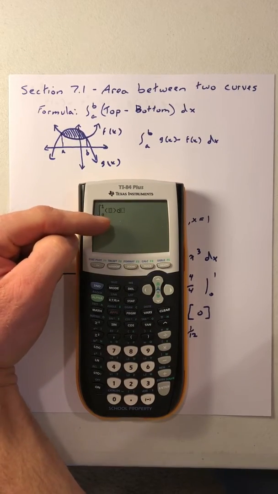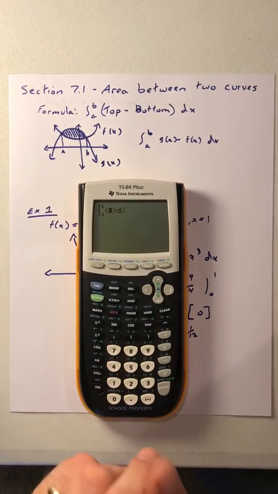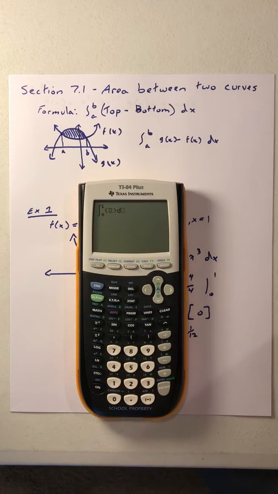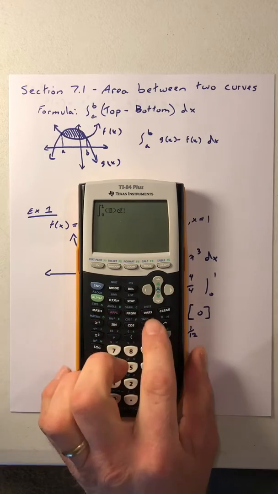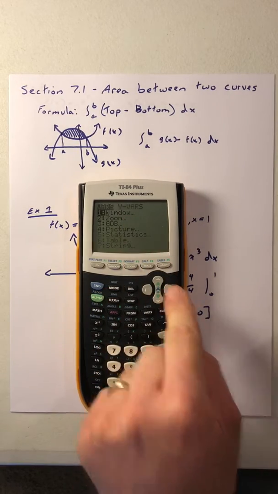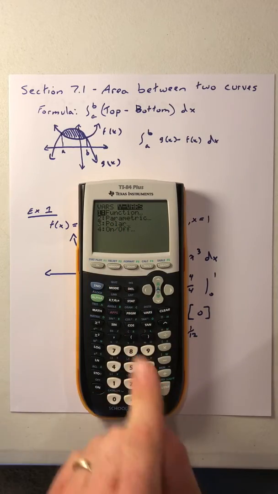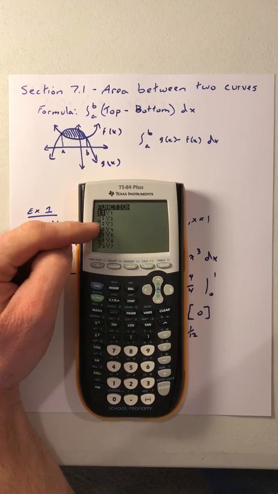We could type in x squared minus x to the third. Not difficult for us to do. However, more complicated functions get to be a little more cumbersome to put in. Since we already have them in y equals, if we come down here to vars and we go over to y vars and type in function, or hit number 1 for function, we can recall both of these functions.